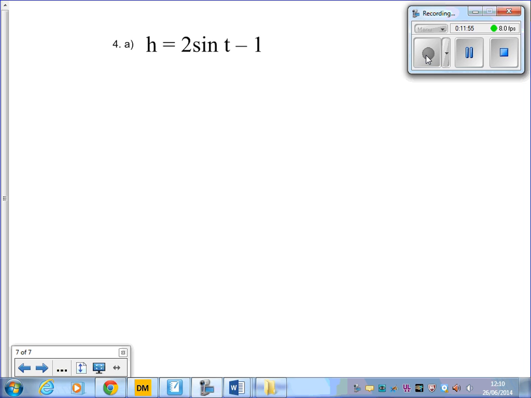Question 4a wants us to find the maximum value of h and when it occurs. We need to look at this part just here, sine t. Think of our sine wave. What's the maximum value that the sine wave can be? It's 1.